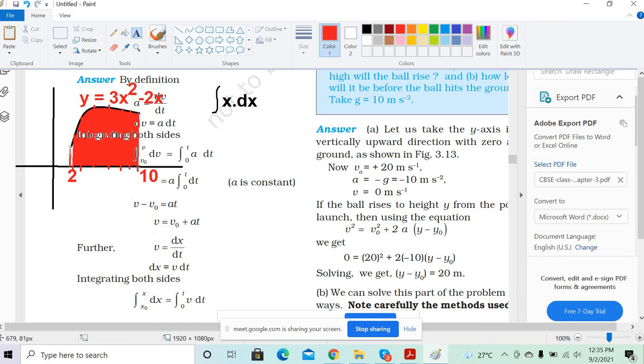Basically what integration means, you are taking the infinitesimally small strip, making a rectangle such that the small distance is equivalent to the length and breadth.